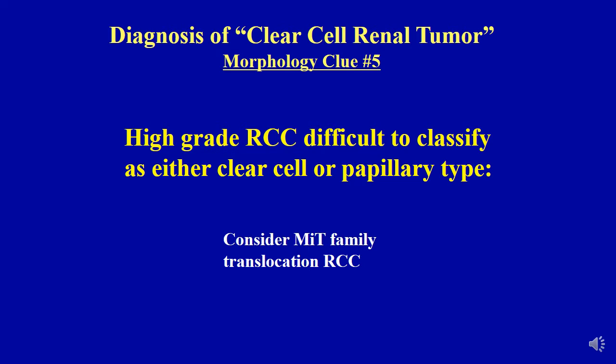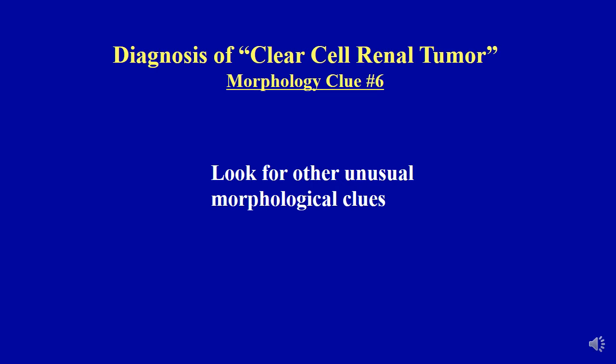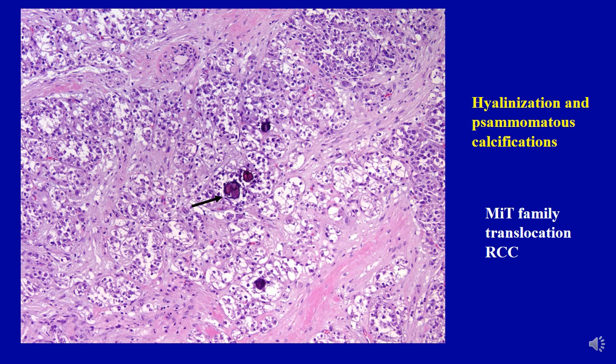Whenever you cannot classify these tumors, don't try to force them into clear cell or papillary type. Think about this translocation associated renal cell carcinoma. There are several other unusual morphological clues that the tumor can provide. If you see a high-grade tumor showing psammomatous calcification and stromal hyalinization, then again consider the possibility of MiT family translocation renal cell carcinoma.